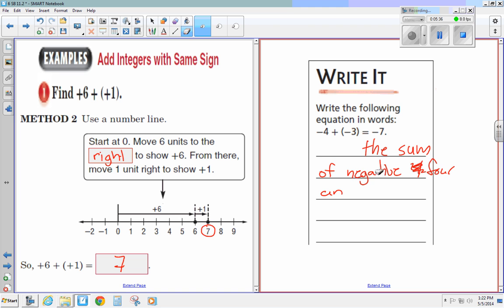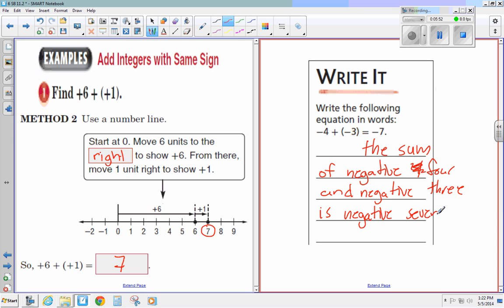You would say the sum of -4 and -3 is -7. So you're dealing with the sum.